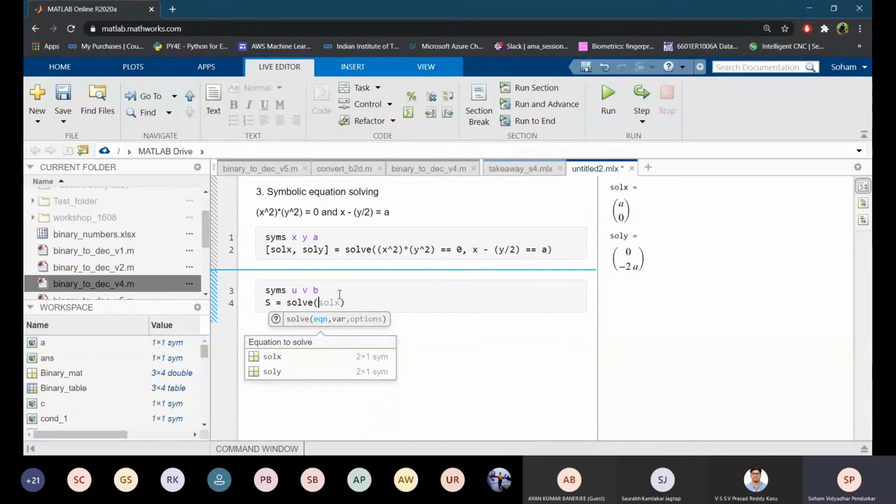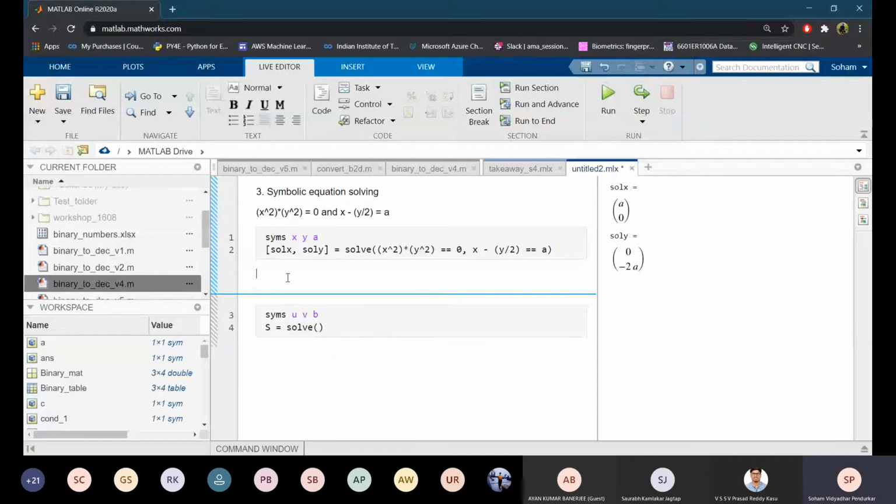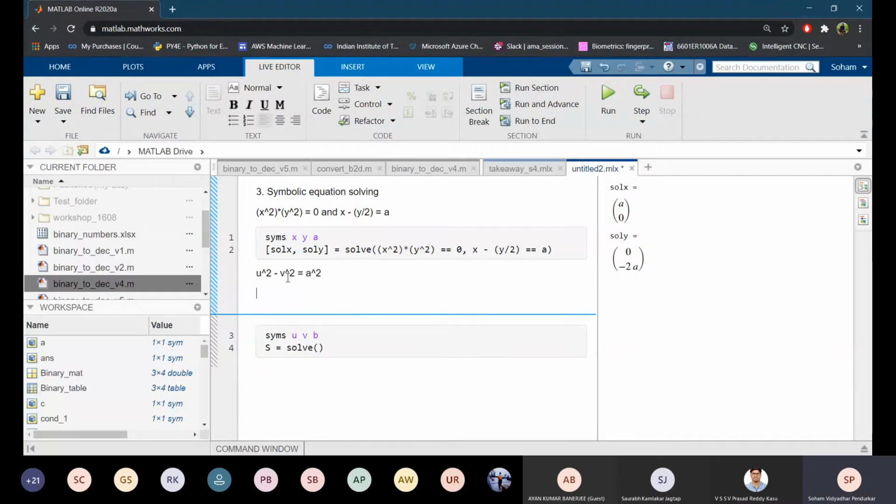There are different equations, and I've written them down. u square minus v square is equal to a square. Then u plus v is equal to 1.